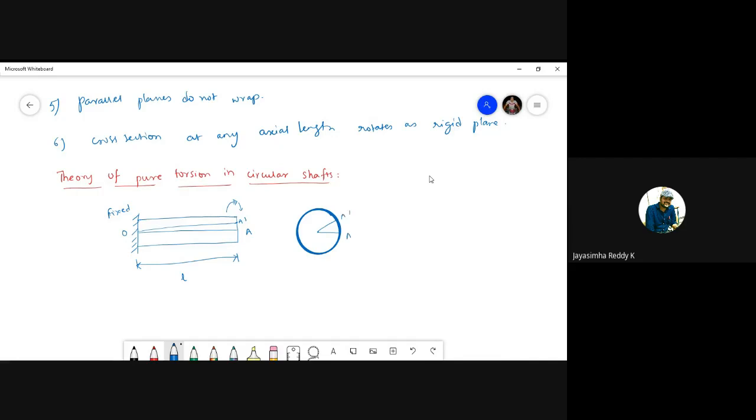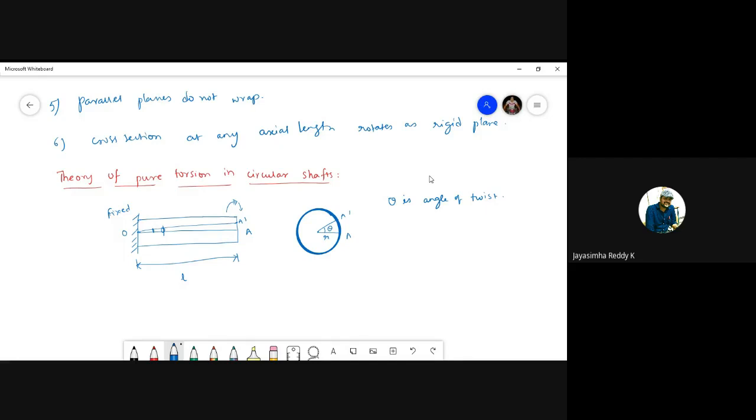A to A dash, and this is theta. This is called angle of twist. Theta is angle of twist. Okay, so this is R, and here also there will be an angle. We just say it as phi. Is it right?